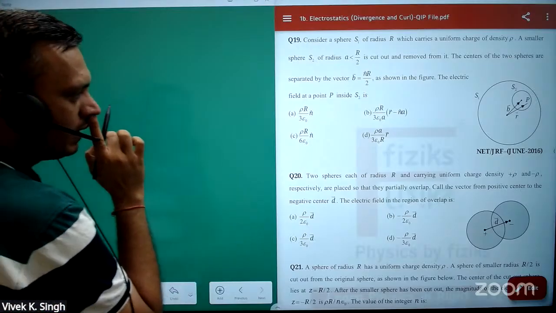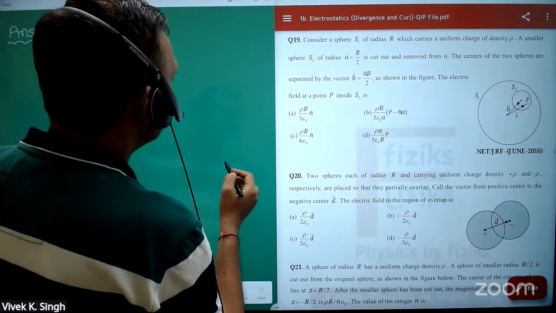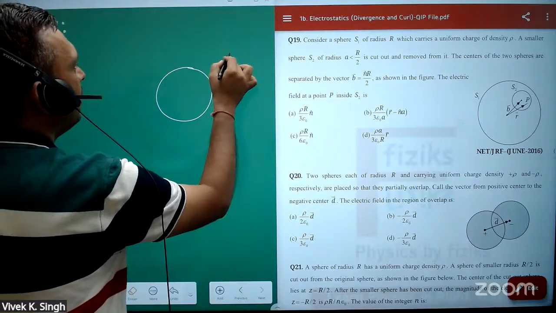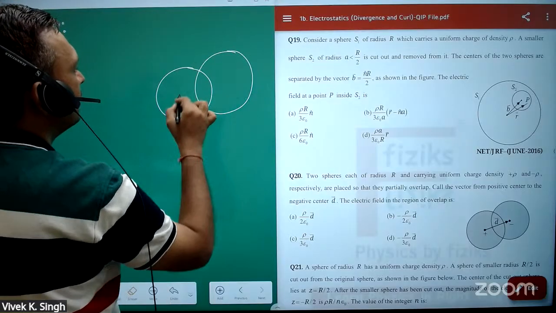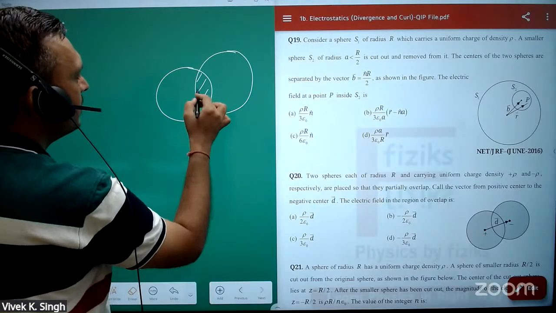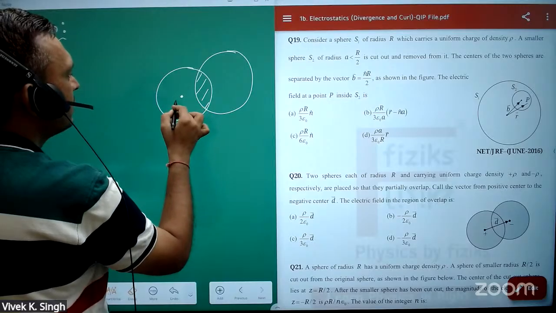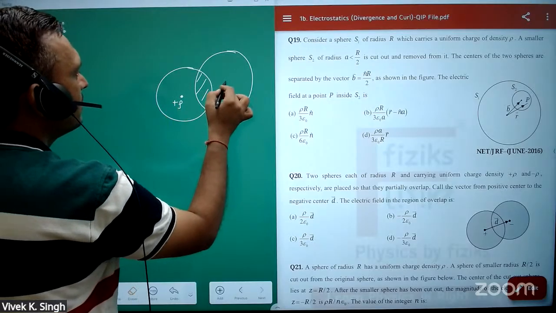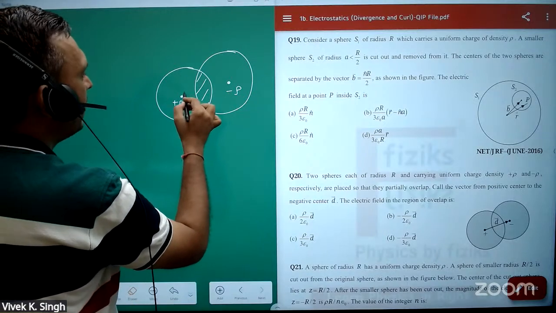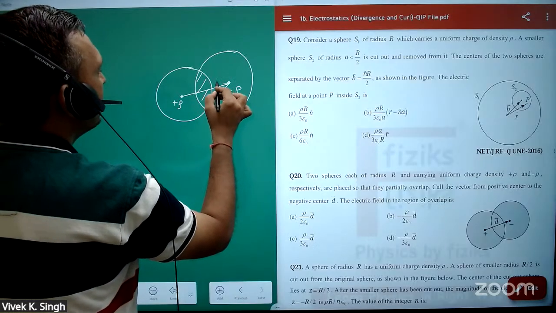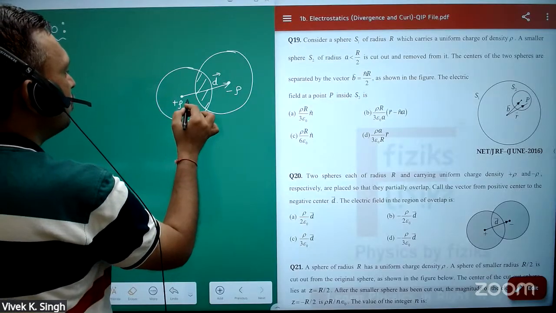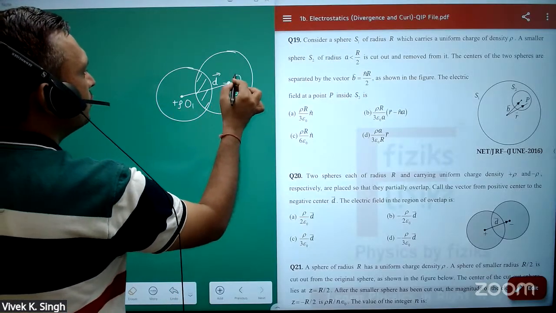In this case, they have uniform charge density. This is the one, and this is the second one. This is the region of overlap. This contains positive charge density, and this is minus charge density, and this vector is d vector. Let's call this center O1 and this center O2.